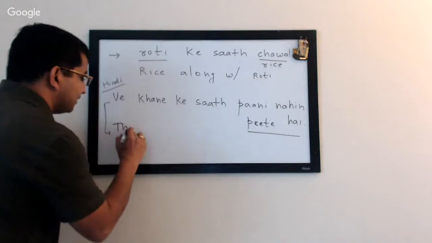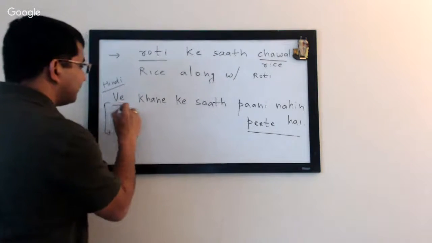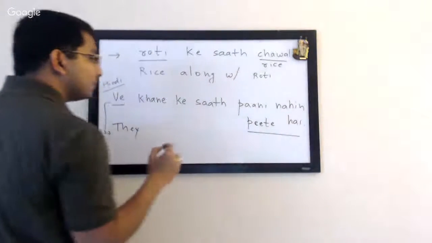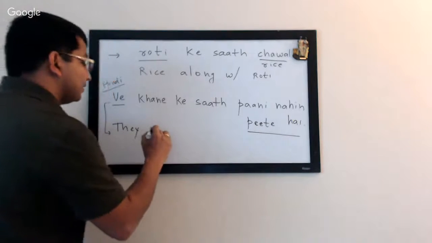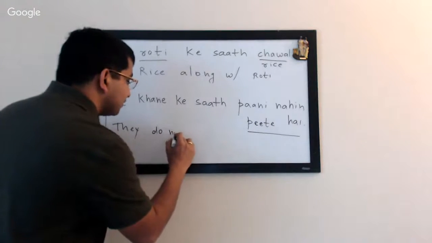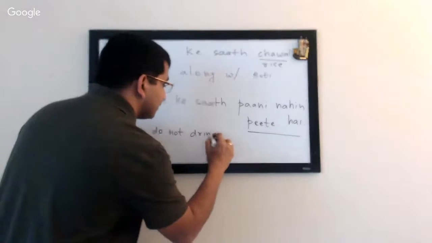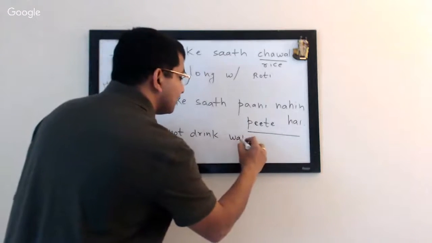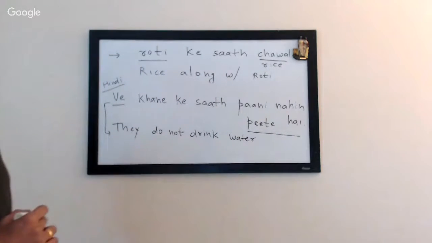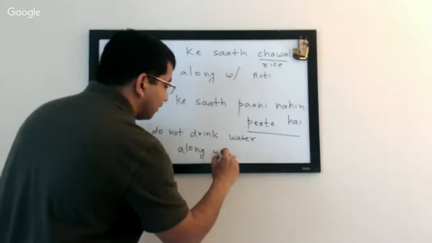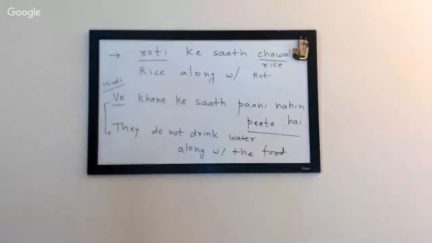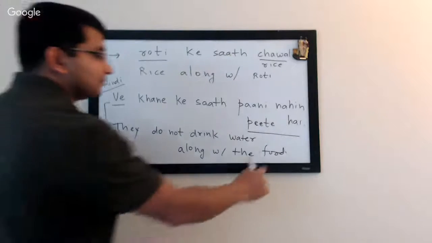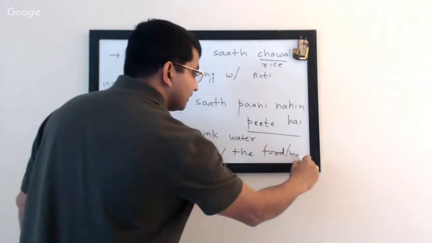So the simplest way would be वे नहीं पीते हैं, they do not drink. खाने के साथ, so they do not drink water along with the food, along with the meals.